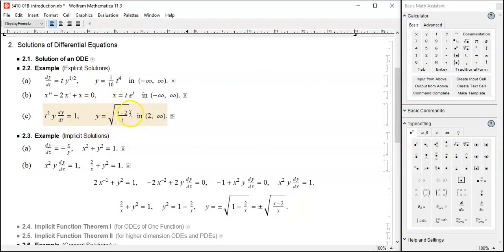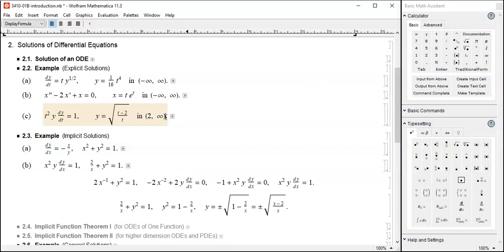This explicit solution is one branch of this, the plus square root, in a specified interval. You see, if we take just a small branch and specify a certain interval, then many times you can go down to explicit solution from implicit solution.